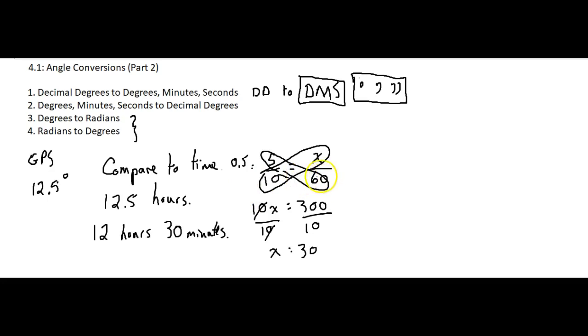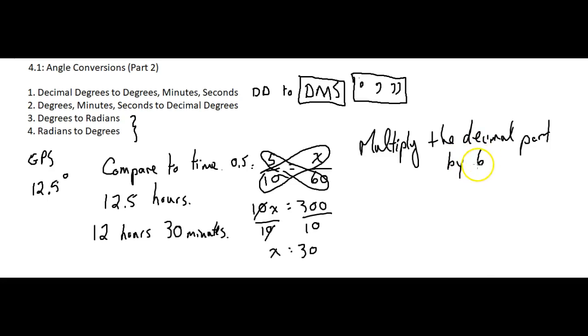Okay, a very quick method, because the same process is going to happen every time, is to take our decimal value, so we multiply the decimal part by 60. You can kind of see that in this algebra here. If I wanted to isolate x, which is divided by 60, bring the 60 up to the other side, multiply both sides by 60.